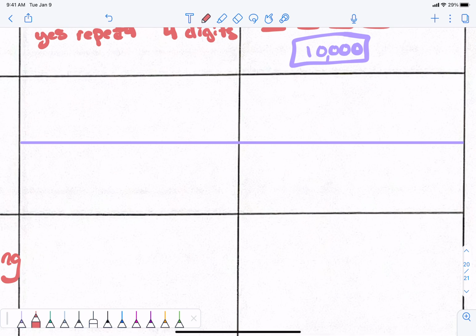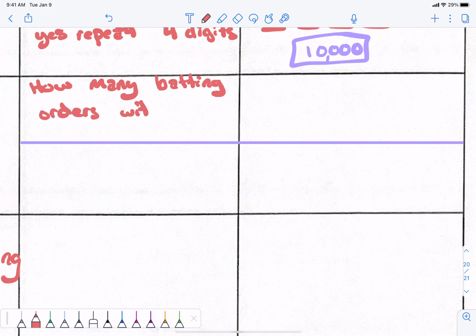The first one is how many batting orders with 9 players? 9 people can bat at a time, right? How many batting orders can you do with 9 players?